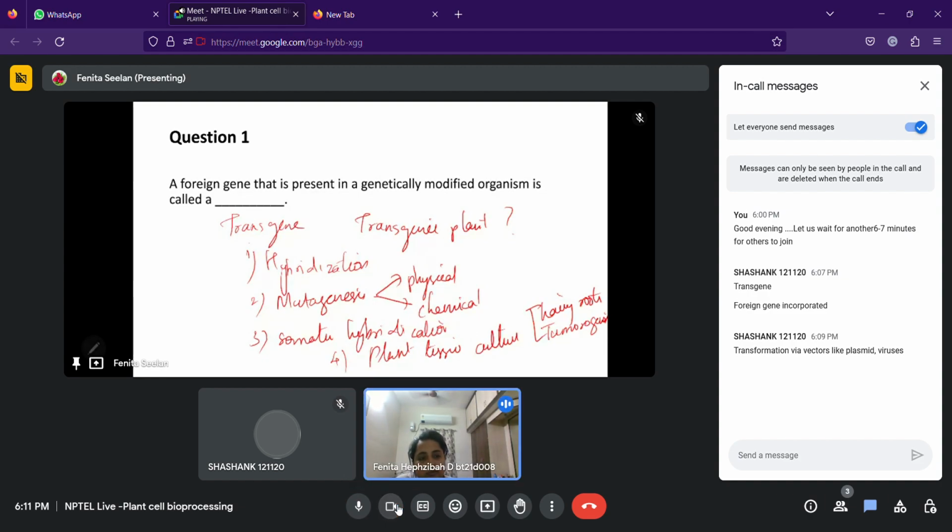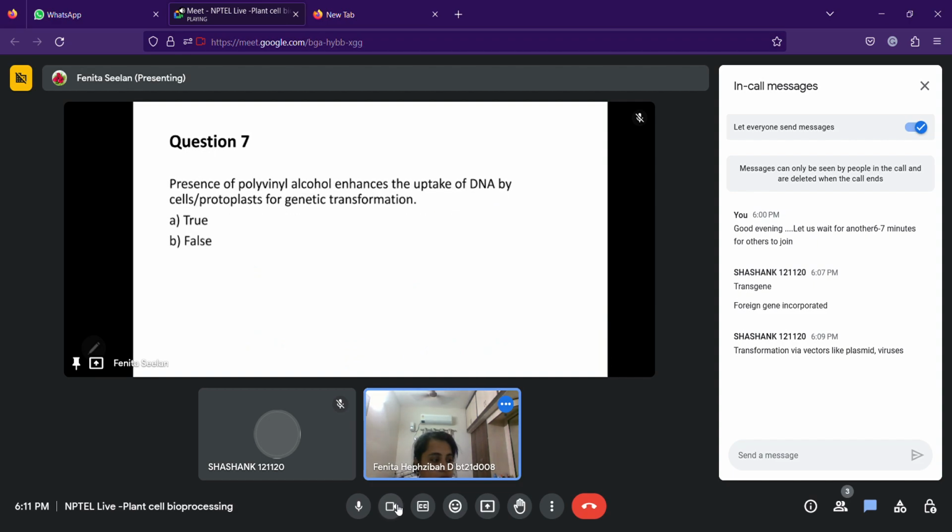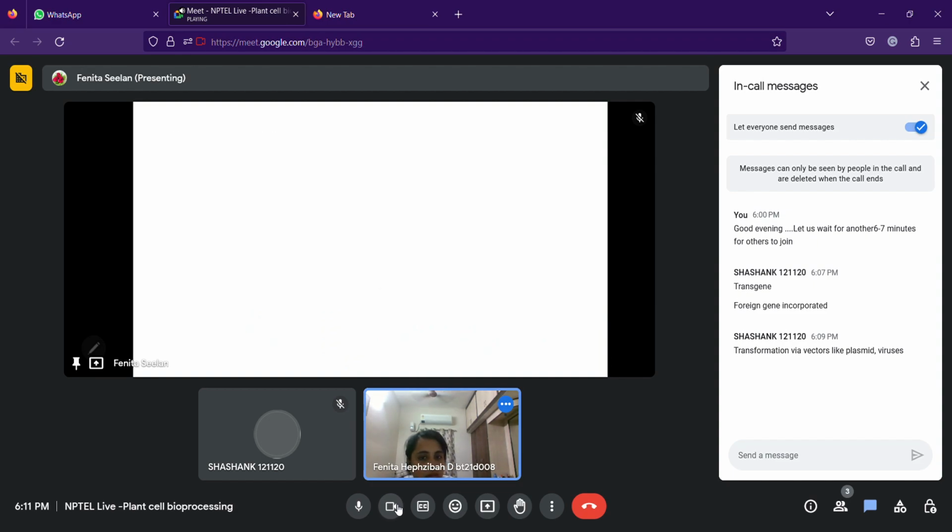How do we do transformation in plant cells, and how do you generally do it in microbial cells, for example in E. coli?